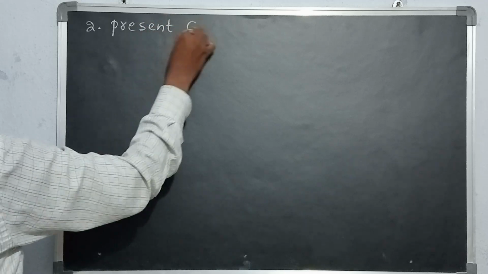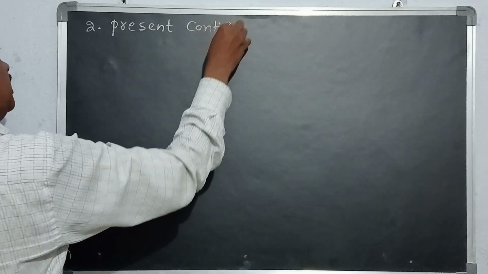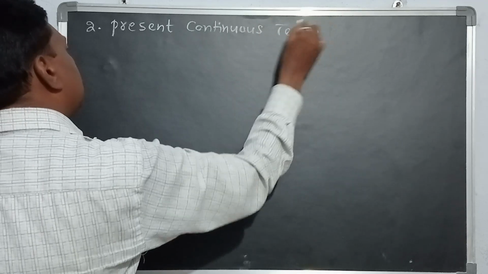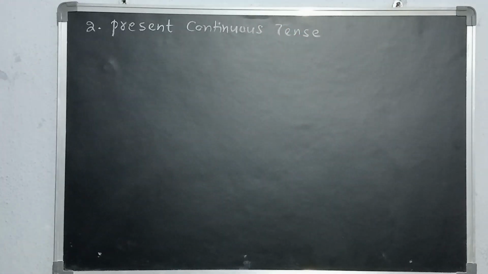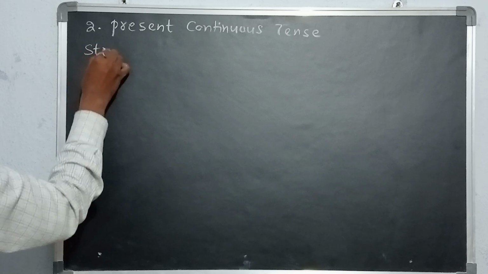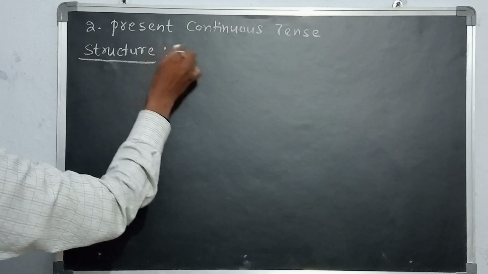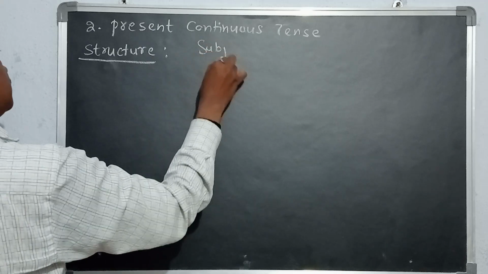Now the second one in present tense, that is present continuous tense. Present continuous tense. Sentence structure: subject.